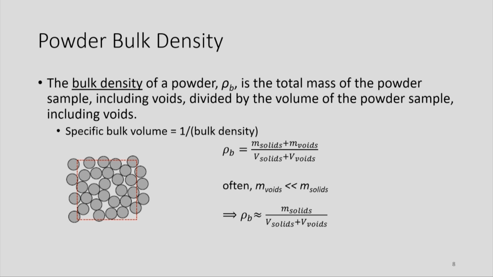So the density that we characterize by including all the void space within the bulk is the bulk density, right? That is the mass of particles over the volume of solids plus the volume of the void space. You all know bulk density, right?